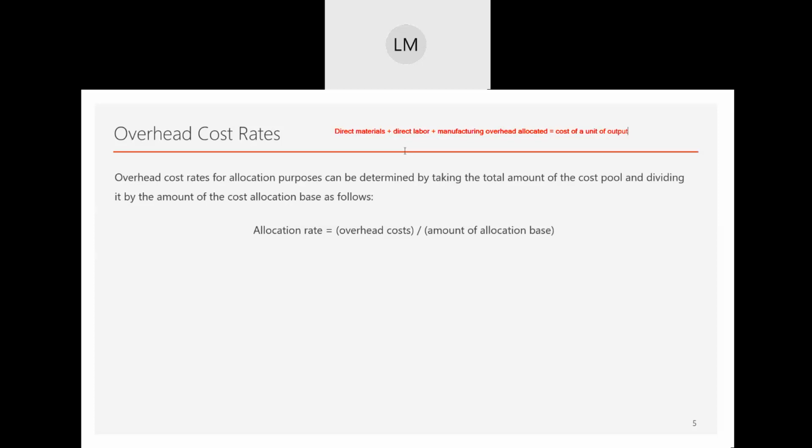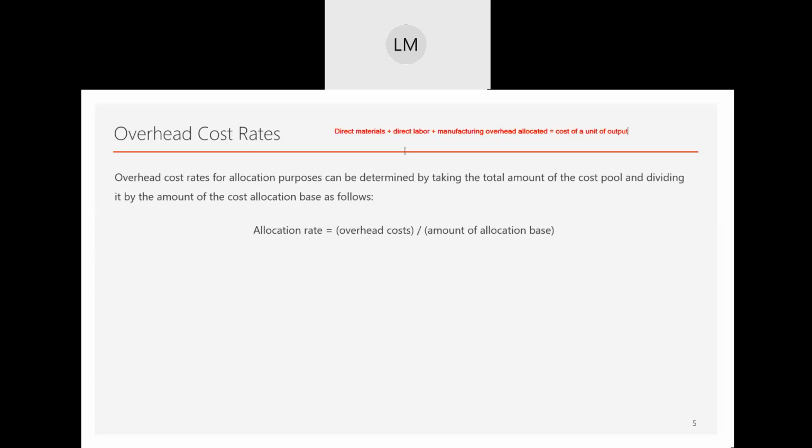So how do we allocate manufacturing overhead? Well, in order to allocate overhead, we've got to first find an overhead cost rate. How are we going to decide, based on our allocation base, the amount of overhead a particular job is going to receive?